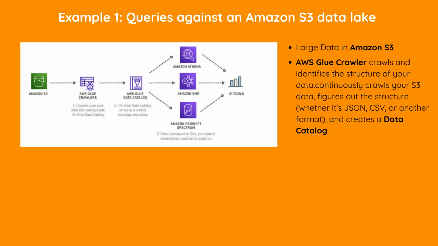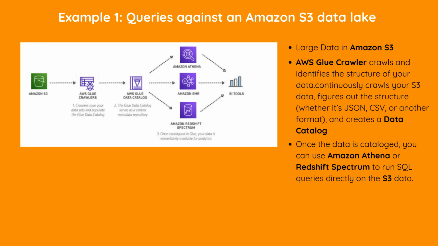Here's how it works. AWS Glue Crawler continuously crawls your S3 data, figures out the structure, whether it's JSON, CSV, or another format, and creates a data catalog. The catalog is basically a map that helps you understand and organize your data.